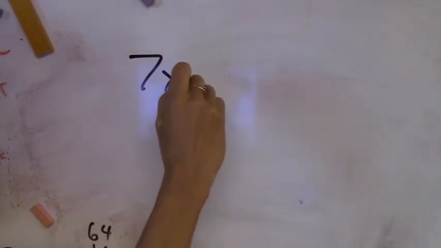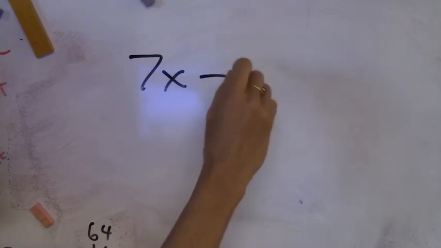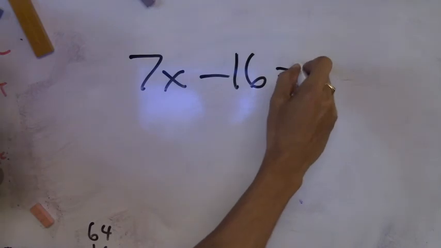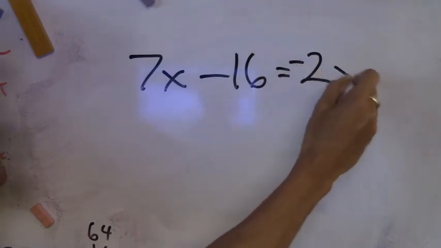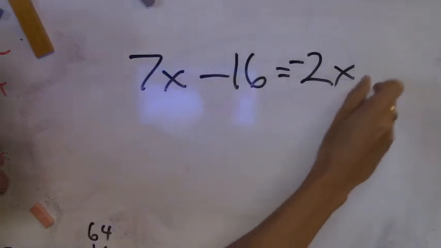7x, we'll go minus again. Minus, I don't know, let's do 16. Is the same thing, and just for fun, we'll make this negative 2x. I'm going to think of a good number that I want to put over here. I'm going to make this plus.